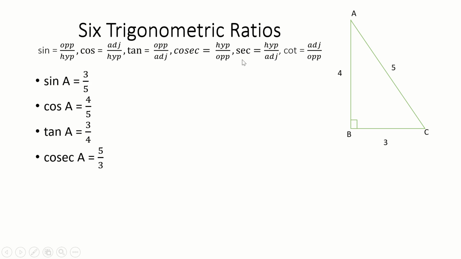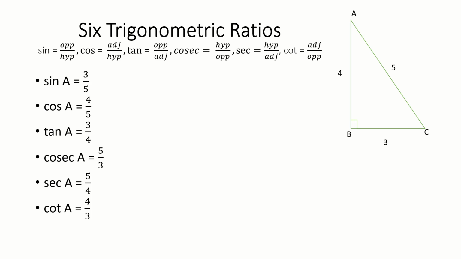Sec. Again, it is a relation of S and C. So sec A will be 5 over 4. What is the reciprocal of tan? Cot, very simple, that is 4 over 3.